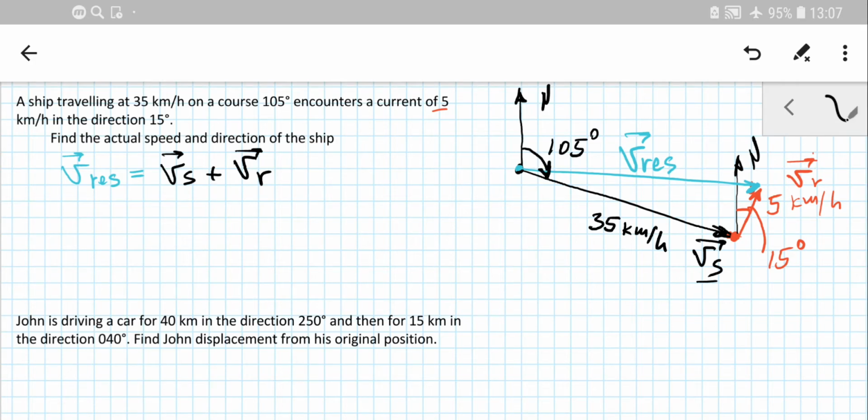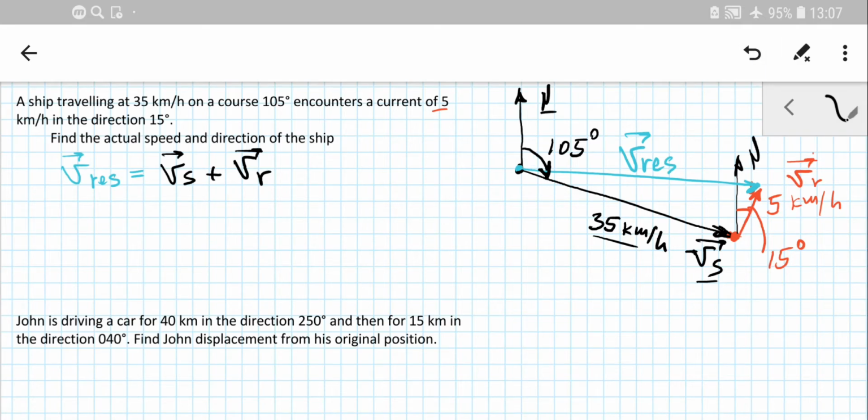Okay, so the problem is about how to define angles. We know that this angle, the total angle from the north direction, the bearing of the velocity of the ship, is 105.